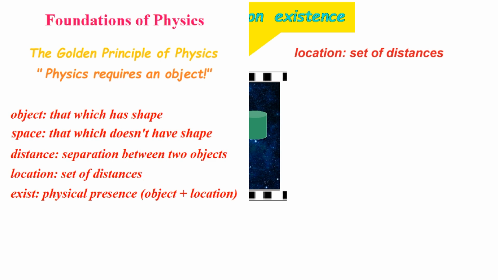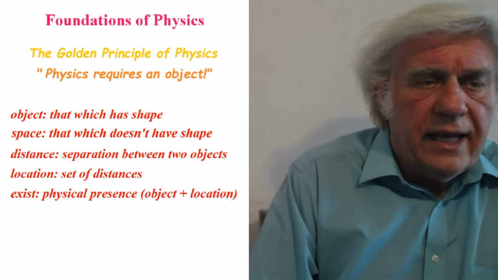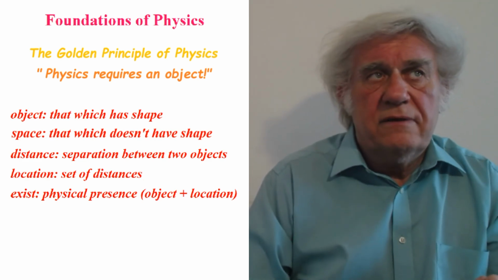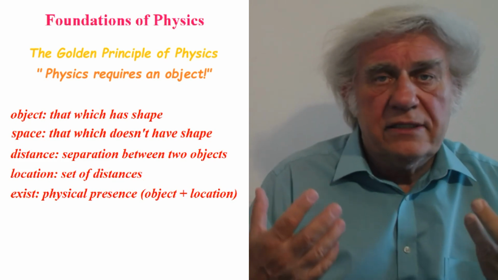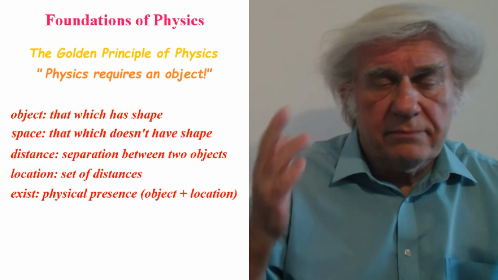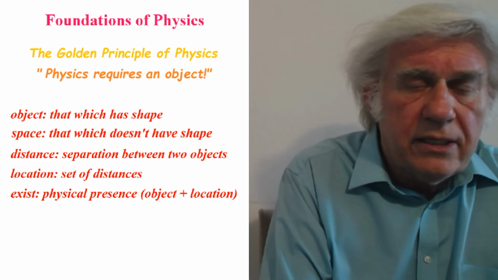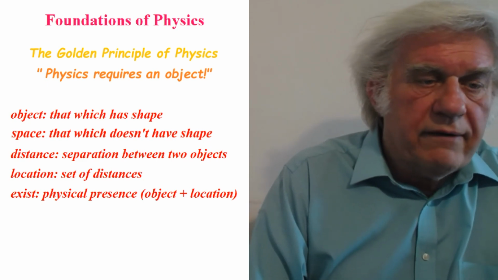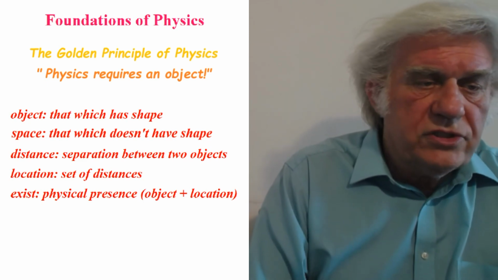The definition here: physical presence. That's what it is, an object that has location. You get rid of this one, and all you have is existence. If you want to exist, all you have to have is a body, a thing, something that has shape, and it has to, in addition, have location. And so here we have good old God. If God wants to exist, it's very simple for him.